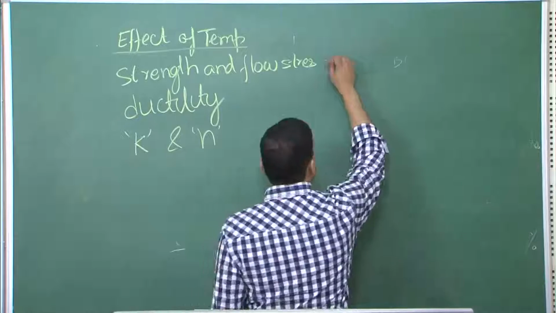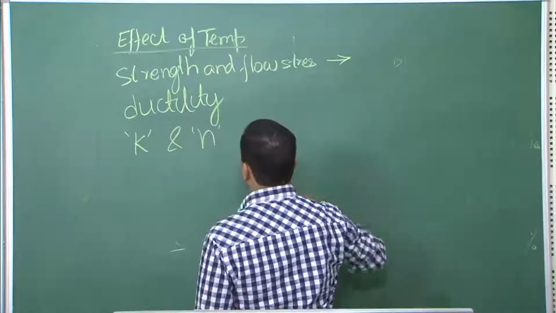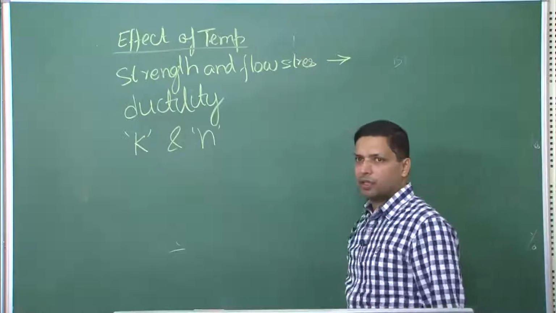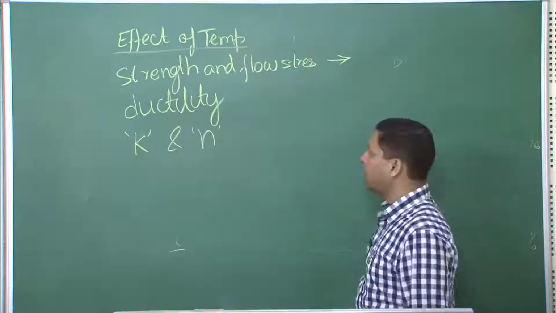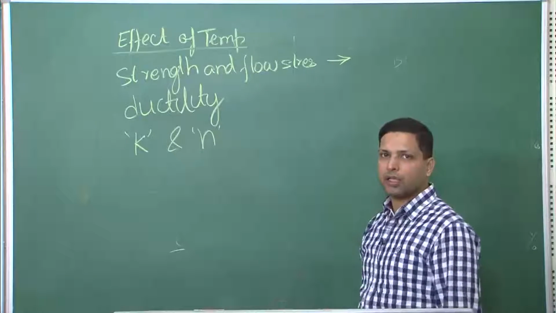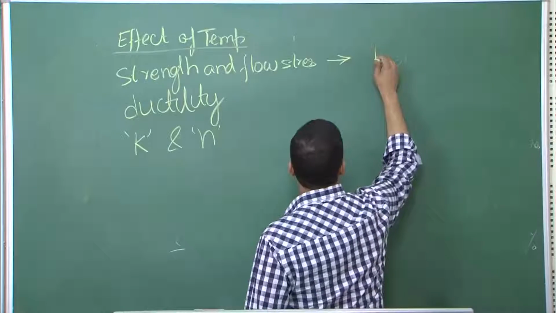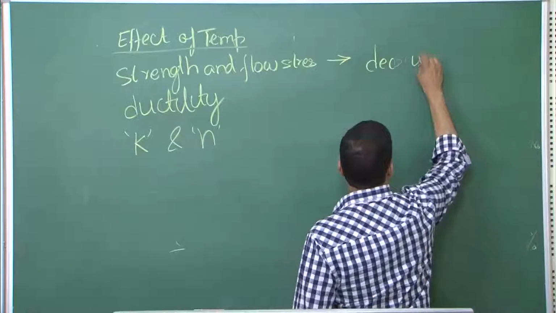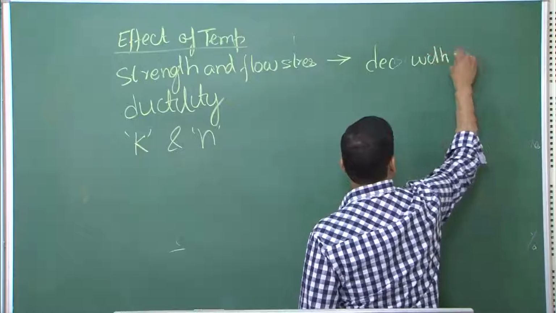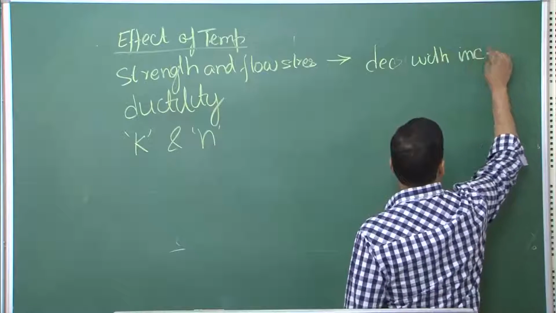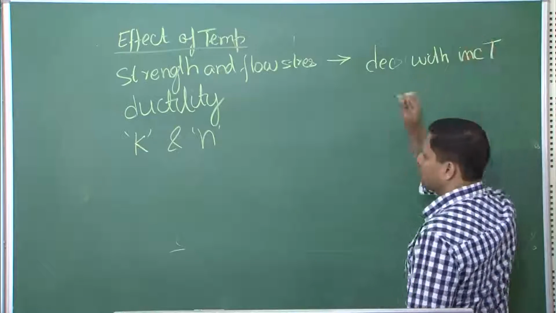Now, most of you would know that if you increase the temperature, the strength of the material as well as the flow stress of the material decreases. So, strength decreases with increasing temperature.